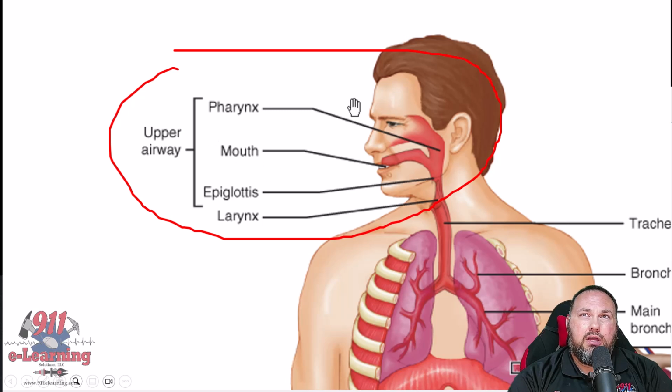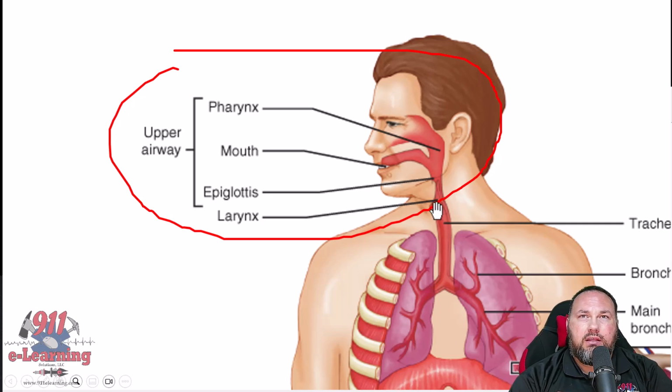You have the nasopharynx, which is this upper part here, and then you have the oropharynx, or mouth, which is the lower part here.